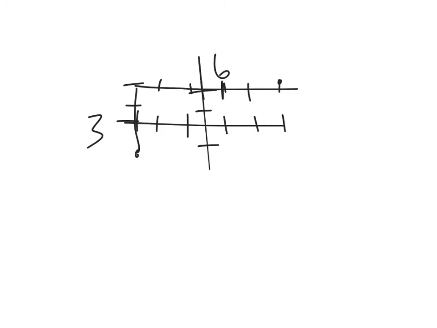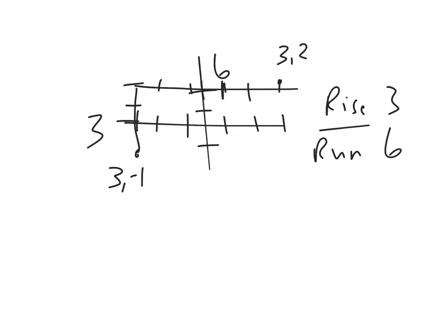So my rise is 3 and my run is 6. Okay, so this point here is 3, 2, and I'm sorry, -3, -1 over here, okay?